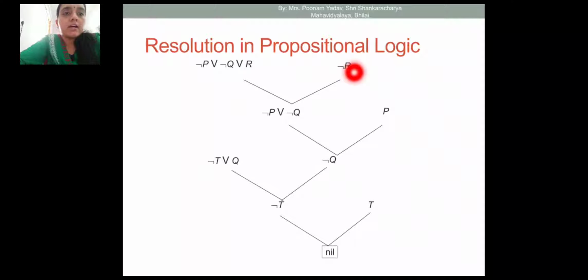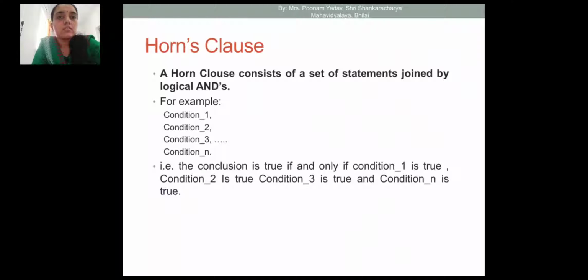R and not R will cancel out, then not P and P is deleted, then T and not T, Q and not Q are eliminated, and not T and T will be eliminated and we will get nil. So resolution is used for proving the logic in the reverse format. So resolving, taking the negation of it and resolving it and getting the result. So this is the concept of resolution.